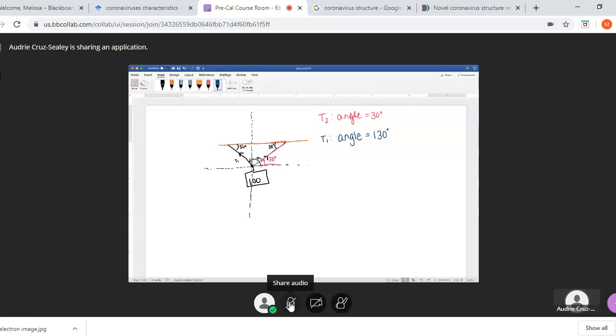Are we okay with these angles? Let's make sure we're okay with the angles before we start trying to find the magnitudes. We okay? Moving on.